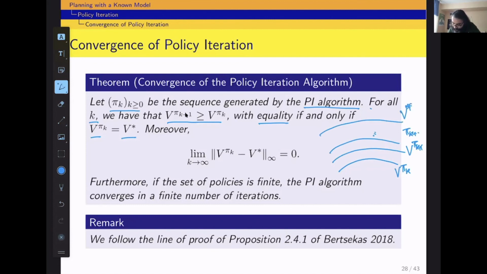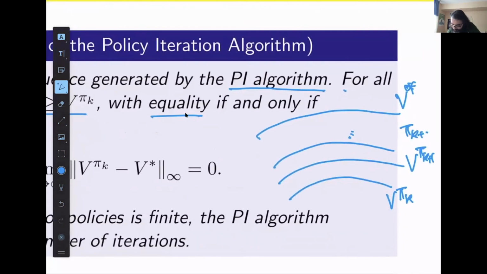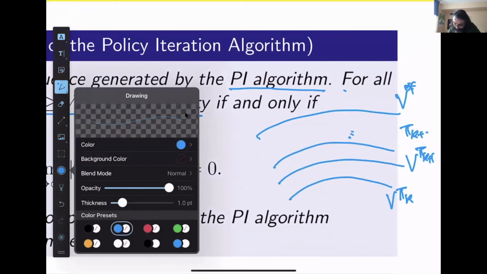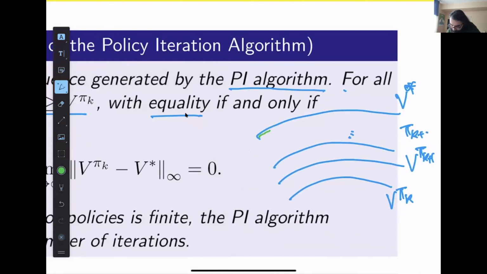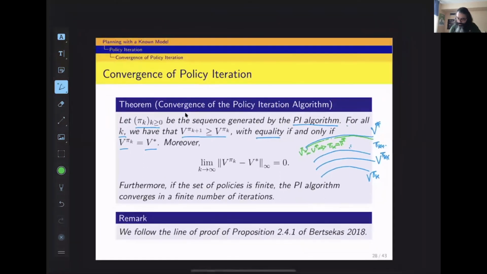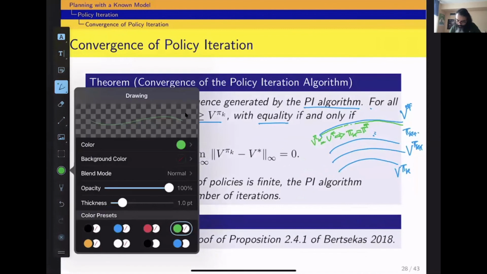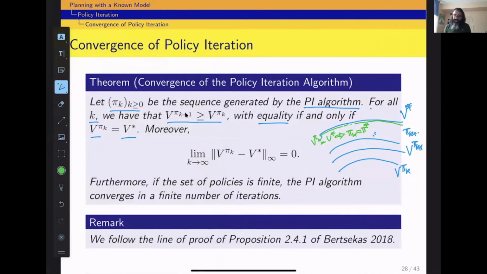And if one of these pi k's gets exactly to the same point, suppose this green line is the same, so if some V pi k prime here is exactly V star, then the result is that pi k is an optimal policy.